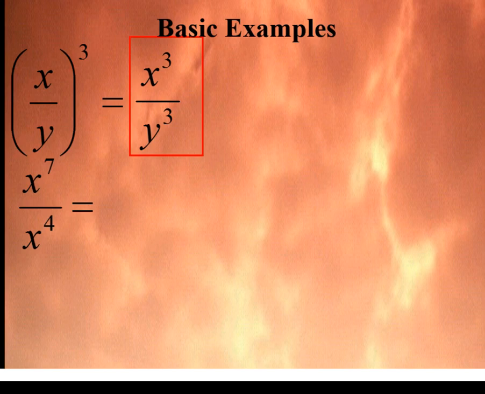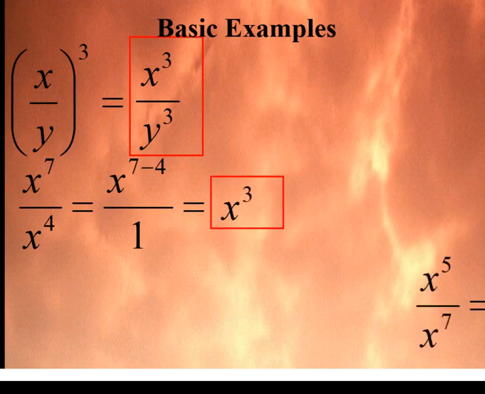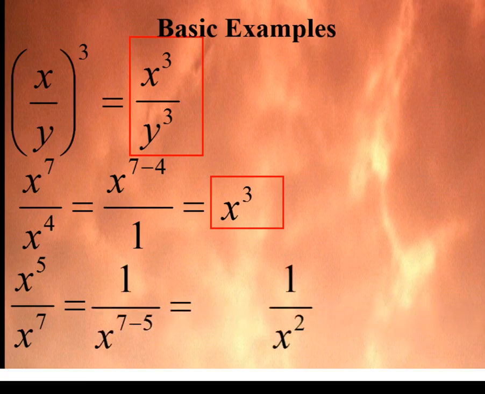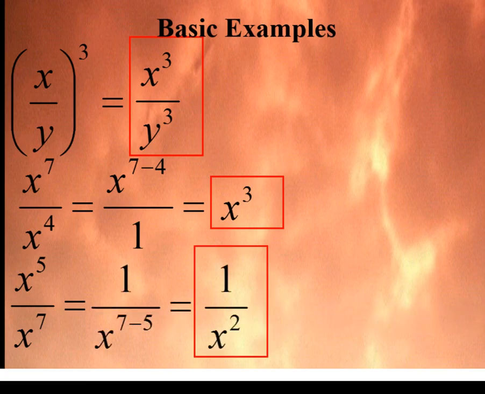Well, in that case, we just take 7 minus 4, and we'll get x to the 3rd. Here's a case where the exponent on the top is smaller than the exponent in the bottom. So again, I would just say 5 minus 7, which is negative 3. So that would be 1 over x cubed or x to the negative 3. You could write it either way.